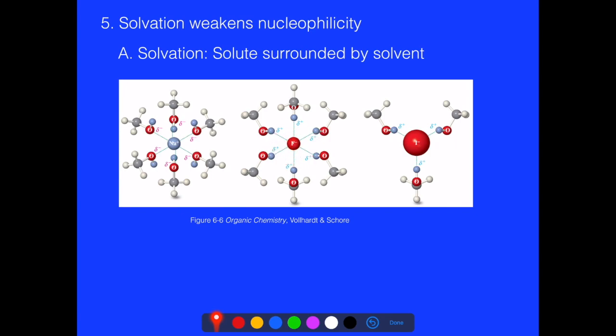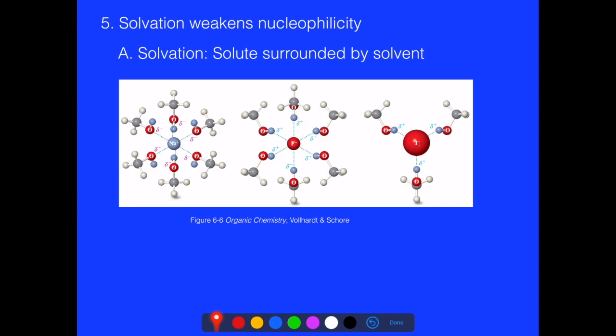Compare the size of the fluorine with a relatively large iodine. Because iodine's much larger and not as densely charged, there are actually going to be fewer solvent molecules which surround it. And because there are fewer molecules that surround it, iodine's better able to move around. It doesn't have this drag on it. Whereas fluorine has more of these surrounding it, dragging it, and not allowing it to move and act as a nucleophile.